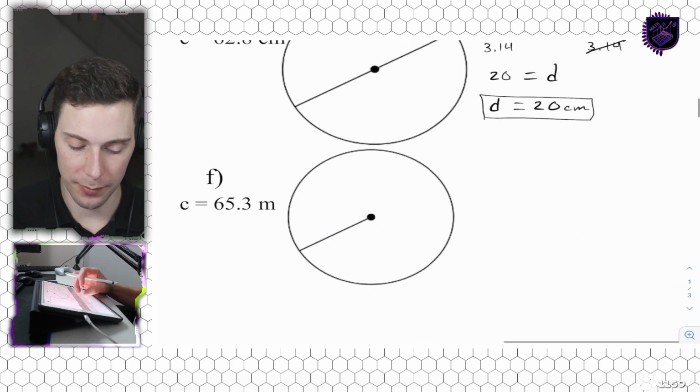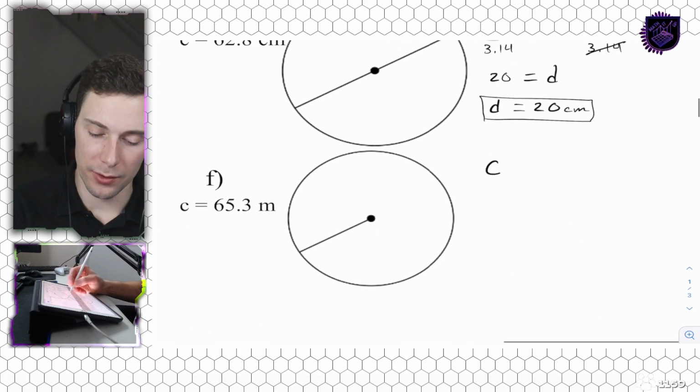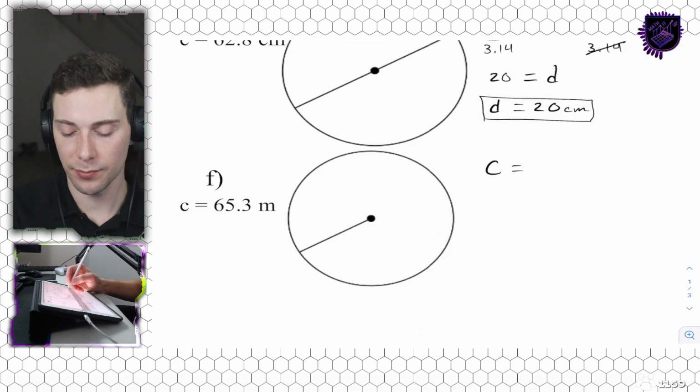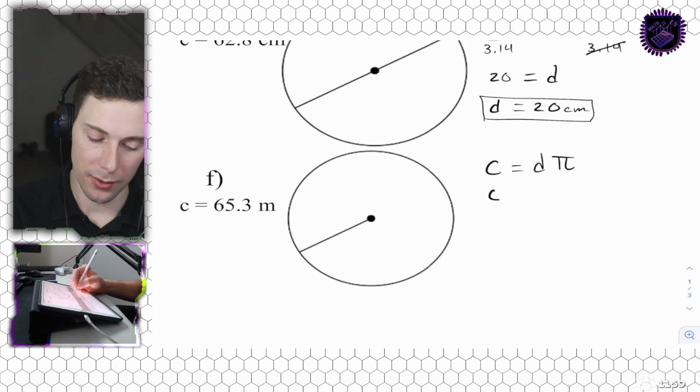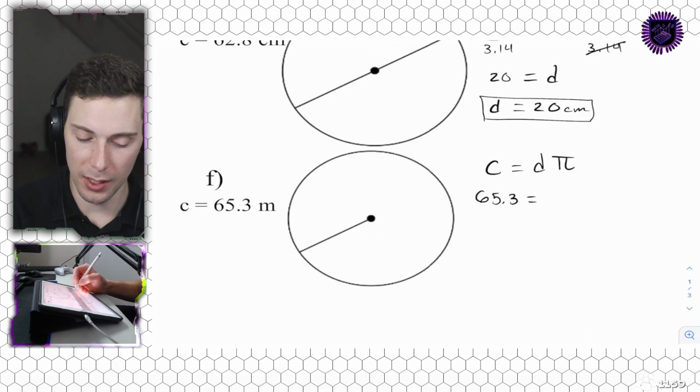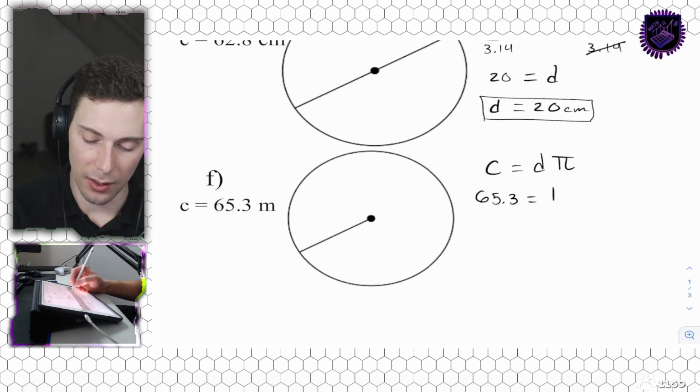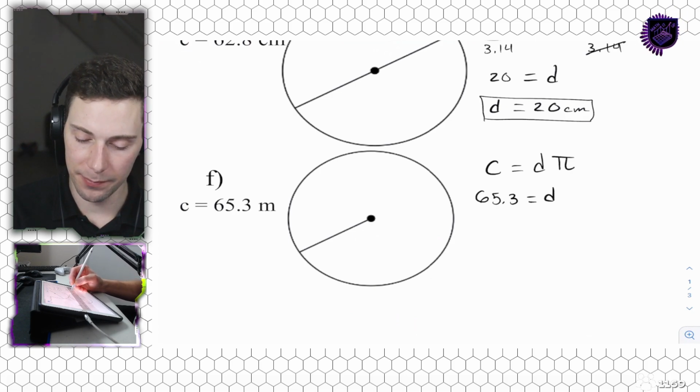Cool. Okay. Last one. Our circumference will equal diameter times pi. That means our circumference, 65.3, will be equal to a number, which is our diameter, multiplied by 3.14.